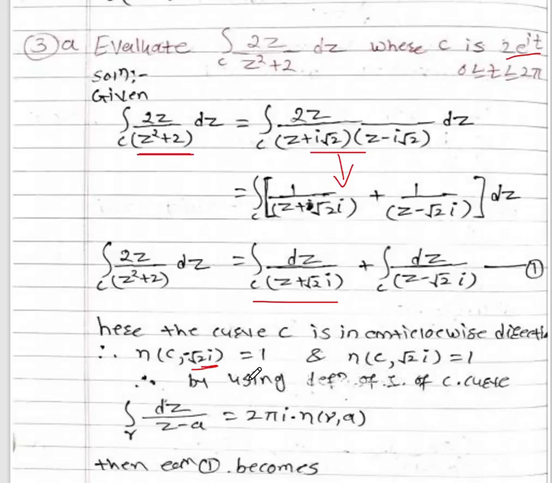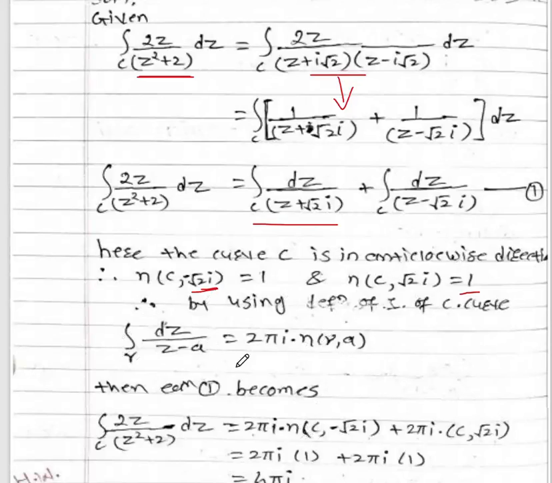And the index of the closed curve for the point root 2 i will also give 1. Now putting these values in this integral, you will get the direct solution.